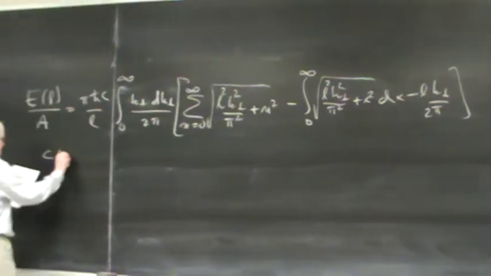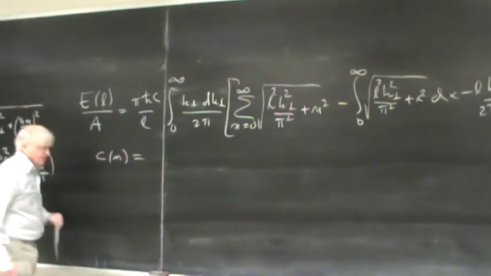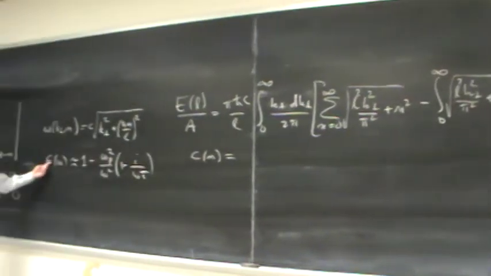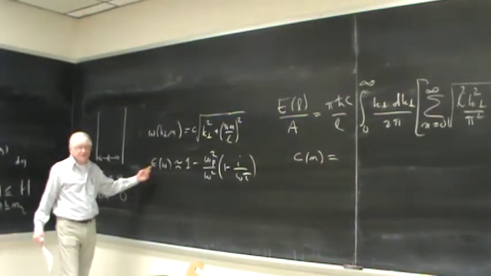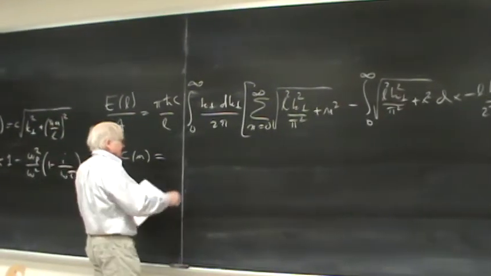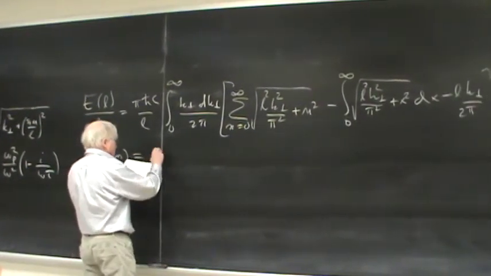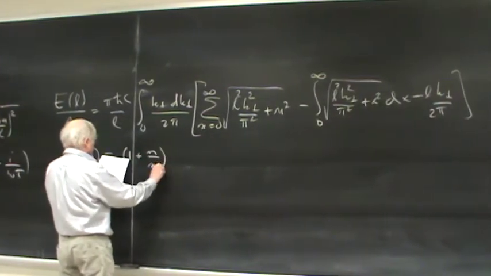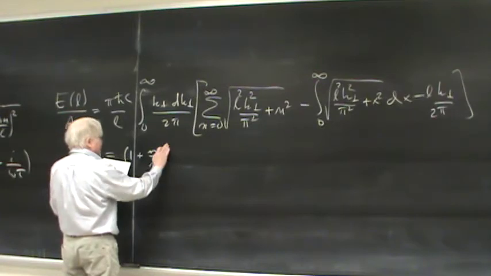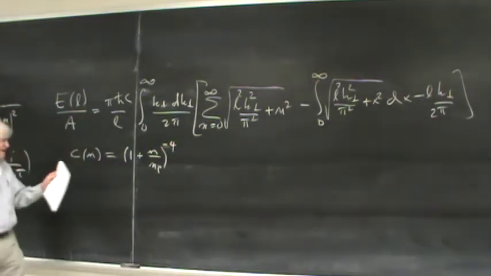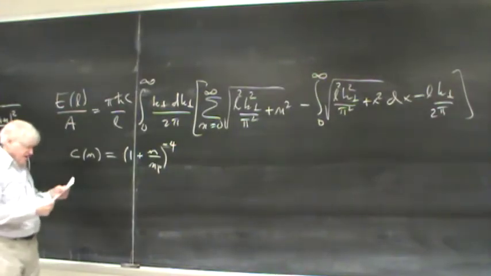And what one can do is introduce a cutoff which reflects this behavior of epsilon of omega. And which you choose, well, you don't really know what to choose. I'm going to have 1 plus n over n plasma to the minus 4, so 1 over that to the 4th power, effectively.